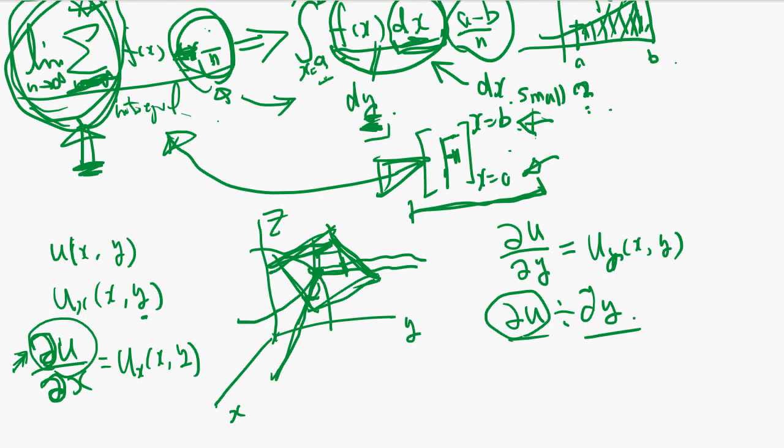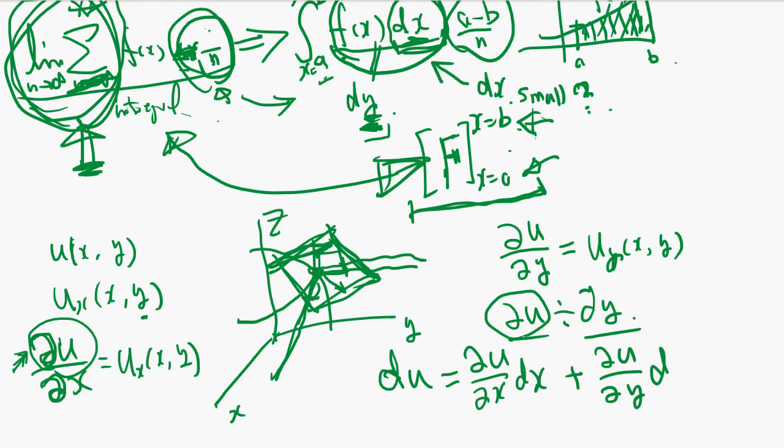Now if you go in any arbitrary direction, it becomes du equals du dx dx plus du dy dy. It's very confusing when you read, it's just all d.